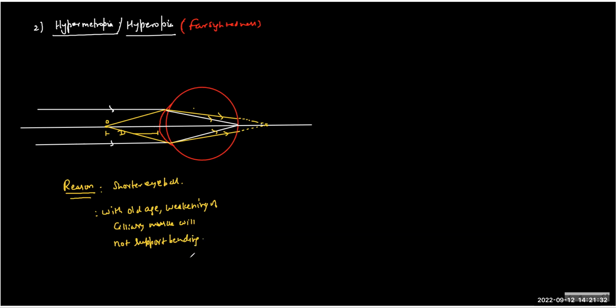One is that your eyeball is short, which is some sort of genetic issue, the lineage having the same. The other is that the ciliary muscles are so weak that you're not able to bend sufficiently. This is generally an old age problem, but as I said, it is possible for younger people also if the defect is in the shape of the eyeball. These defects are not much, just a millimeter here and there, which could happen for a variety of reasons which we don't know.